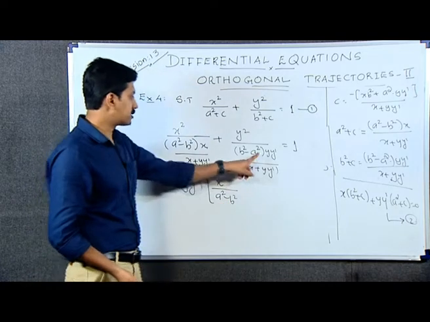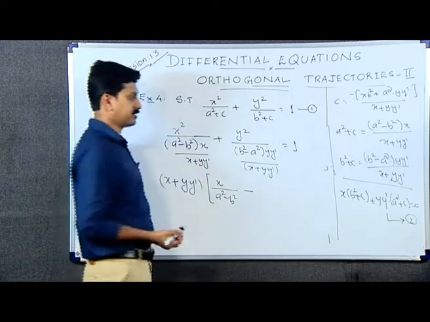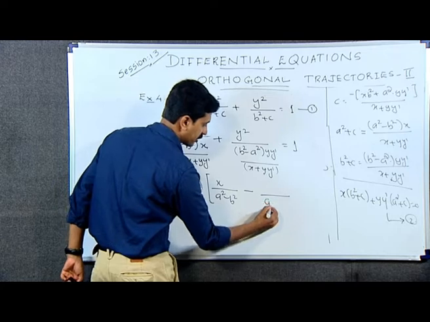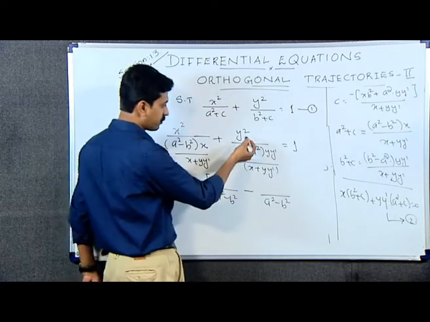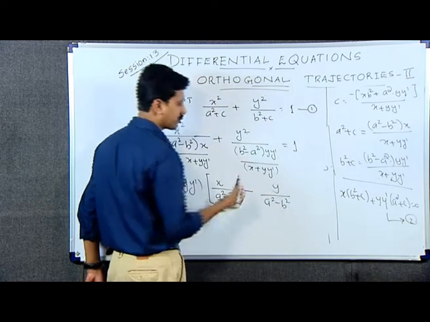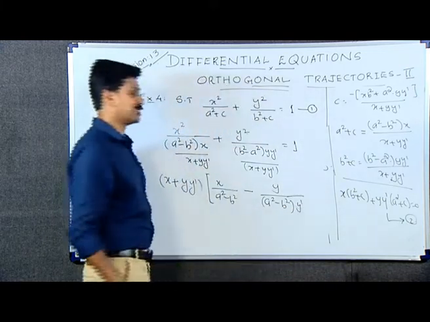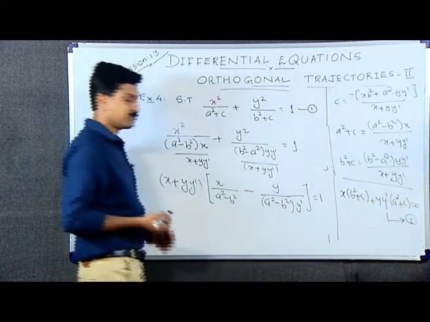I am taking one negative outside, therefore because of the minus, b square minus a square becomes a square minus b square itself, and we can cancel y and y from here; in the numerator 1 y is there, in the denominator 1 y dash is there, equal to 1.